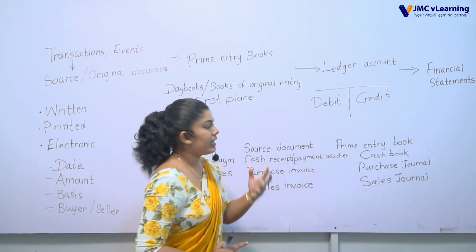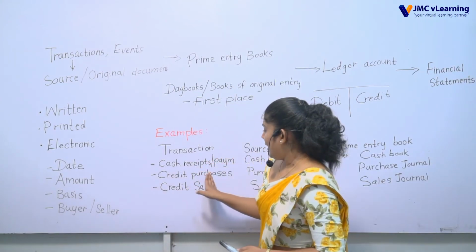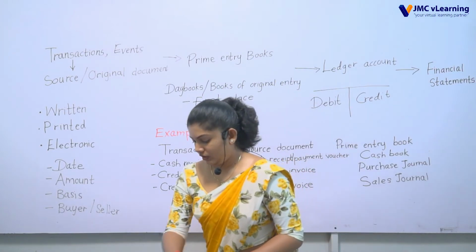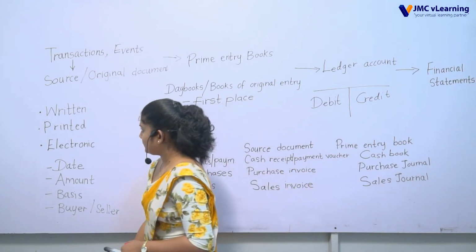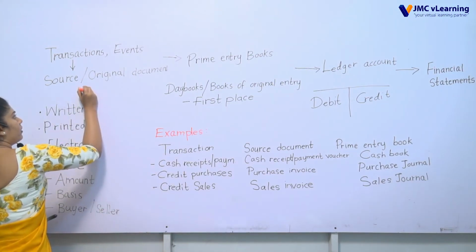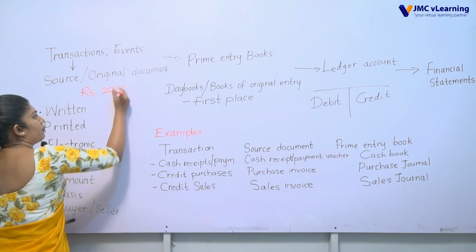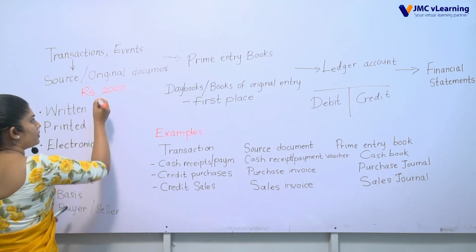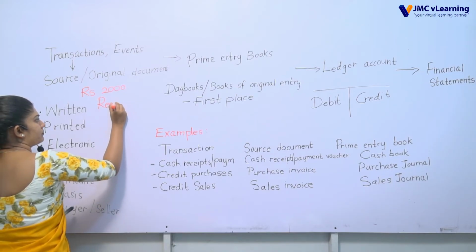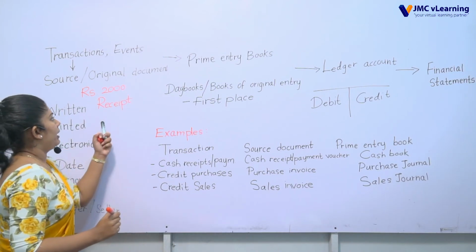So, if we take an example, we'll take a cash receipt. I receive cash from a debtor. I receive 2,000 from a debtor. The source document is a receipt.